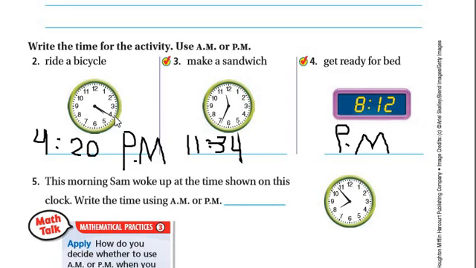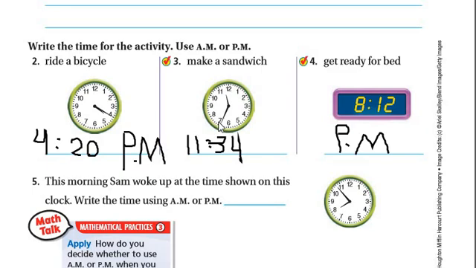Number 3, make a sandwich. This clock shows 11, and as you see, in our previous lesson we learned how to tell time to the nearest minute. The minute hand doesn't point exactly on 7.